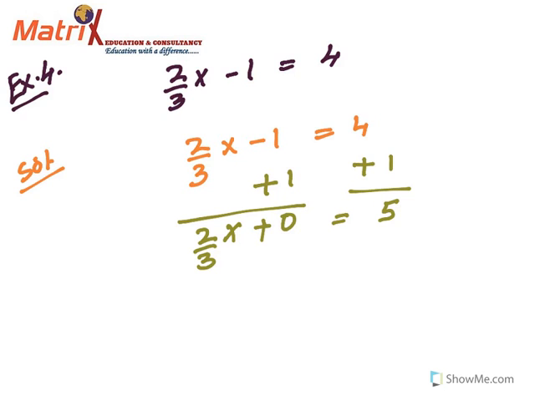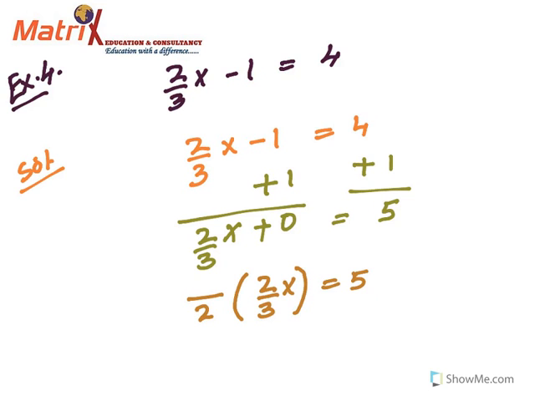Now we have this 2 by 3x, and I have to isolate x. So I multiply this whole thing by the reciprocal of 2 by 3. Reciprocal means the flip, the opposite of the fraction: the numerator becomes the denominator and the denominator becomes the numerator. I have 2 in the numerator, so I will write 2 in the denominator.